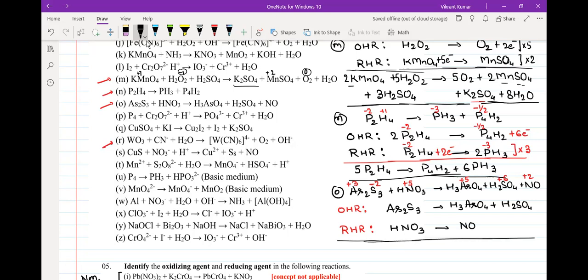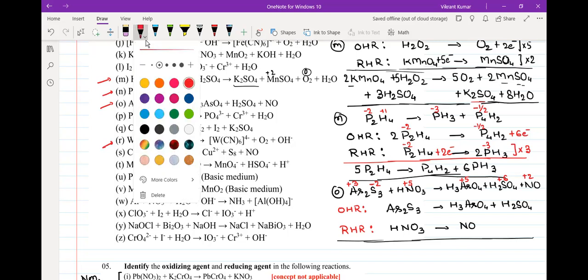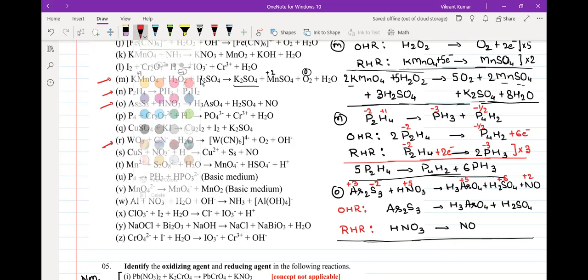So basically, if you see, first we balance the functional atoms, so that's why we need to put 2 before H3AsO4 so that As is balanced, and we need to put 3 here so that S is balanced. Is it okay? After that, 2 arsenic atoms are going from +3 to +5. So 2 is the change per arsenic, we have 2 arsenic.